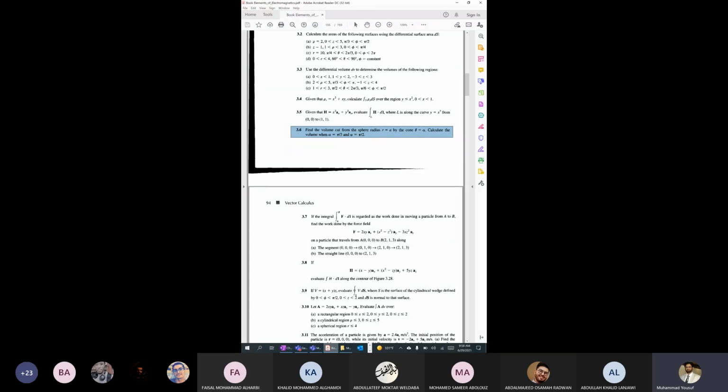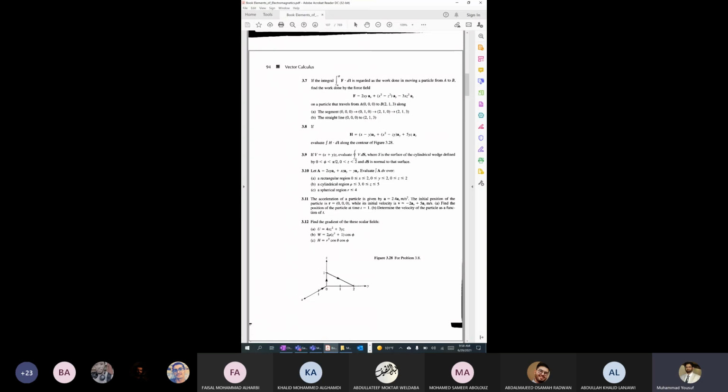If you remember, I mentioned before that F dot dl, or vector dot dl, is the work done by the force. As you can see, in question number 3.7, if the integral is regarded as work done in moving a particle from point A to point B, then you need to find this work. Here there are two parts.